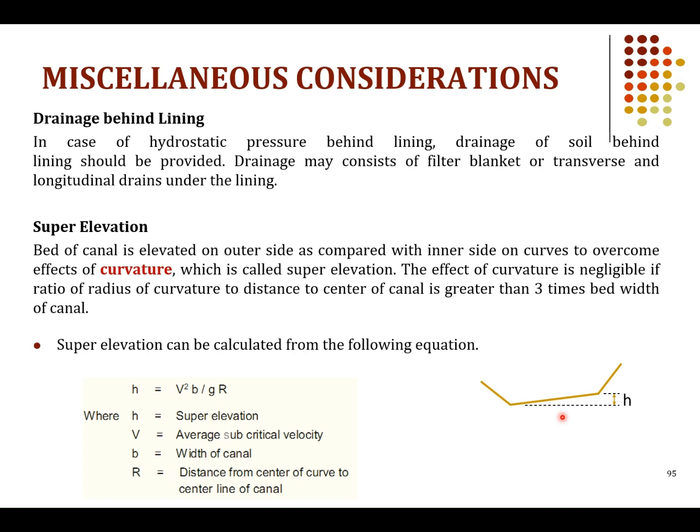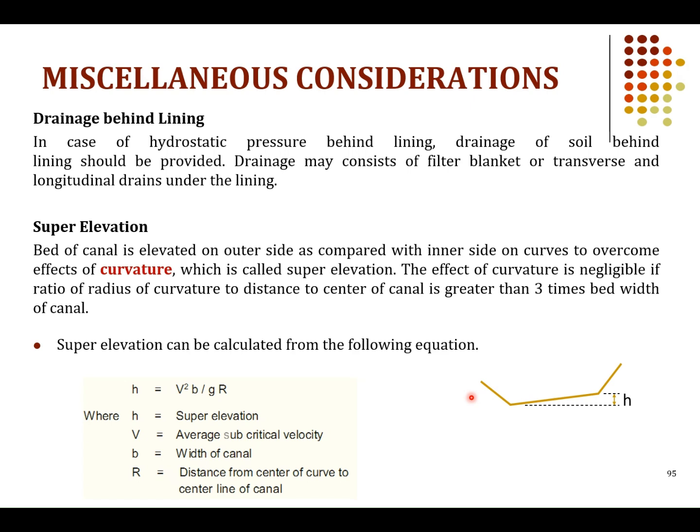So we must provide some kind of drainage to drain that water in order to avoid the hydrostatic pressure. Drainage of the soil behind the lining should be provided. Drainage may consist of a filter blanket, as you may know from the geotechnical course, or transverse and longitudinal drains under the lining. So whatever seepage water is here, the pipes capture that water and drain it somewhere, or maybe sometimes put it back in the canal using pumps.